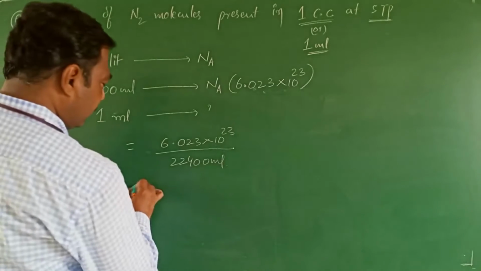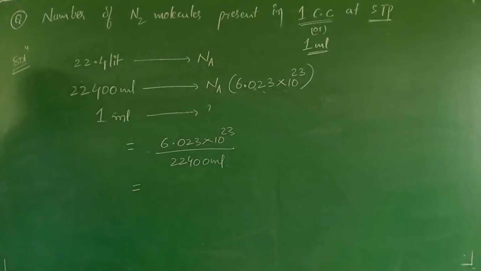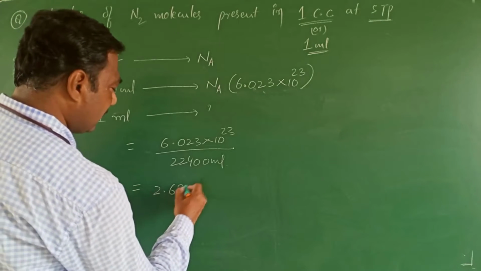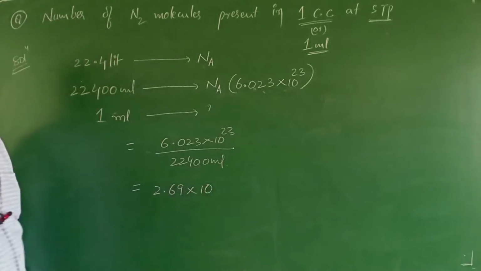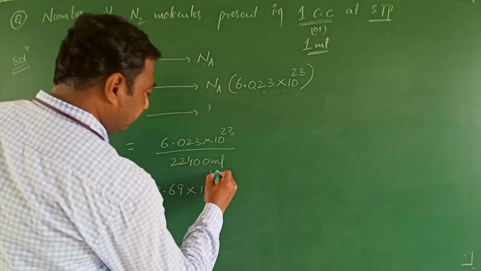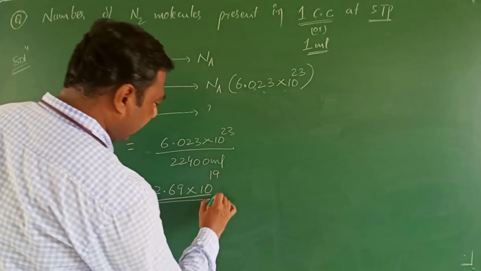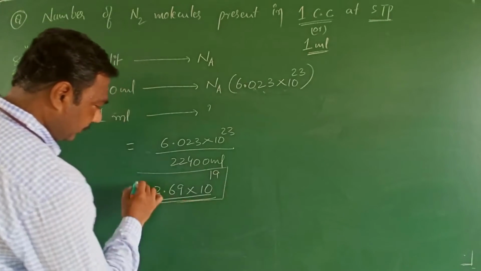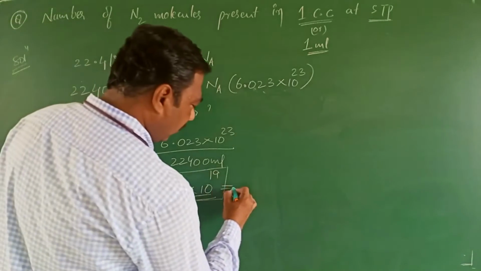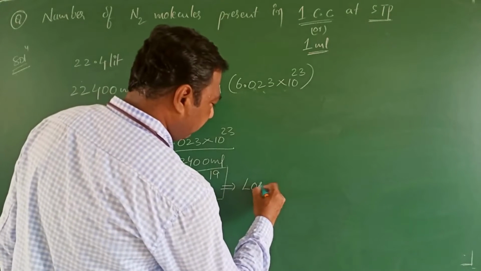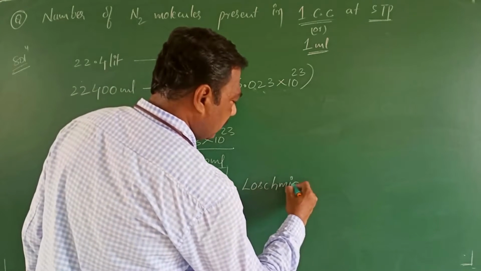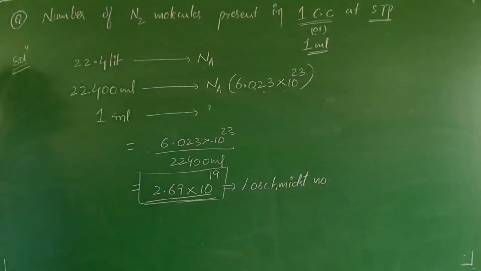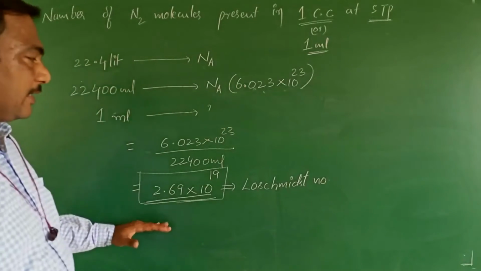Now, if you simplify this, the value you are going to get is 2.69 into 10 power 19, and this particular value you call Loschmidt's number. What is the meaning of this?